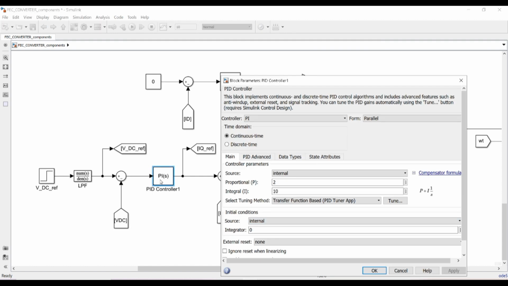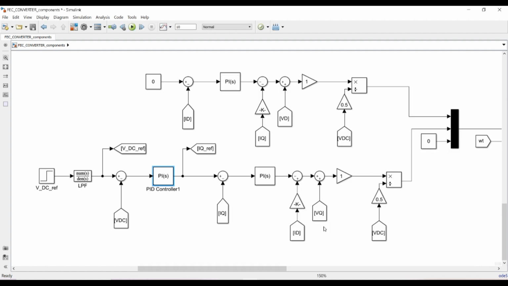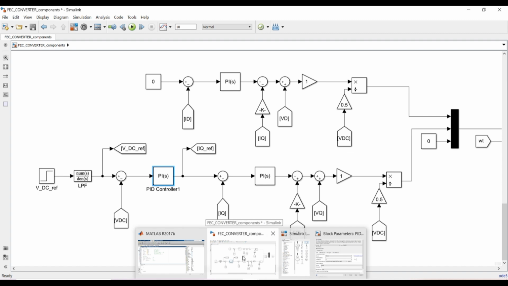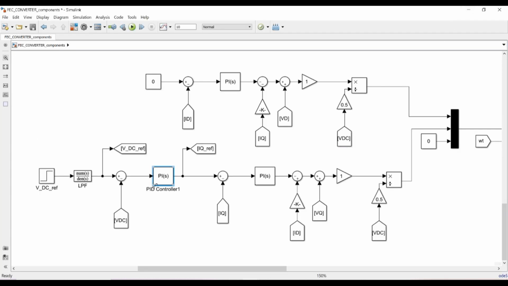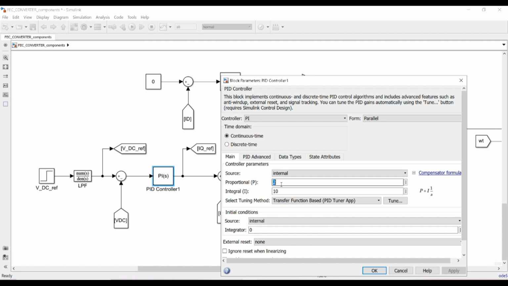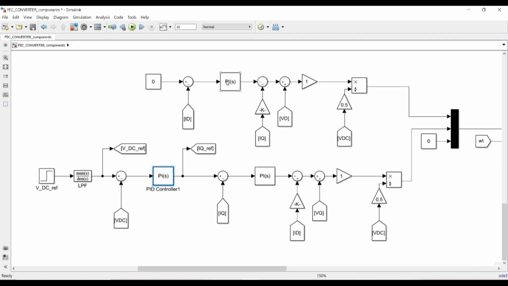So here I will be putting KP underscore vol and KI underscore vol. So this will be KP underscore vol, and this is KI underscore vol. Vol is for voltage, and similarly here this is for the current loop.